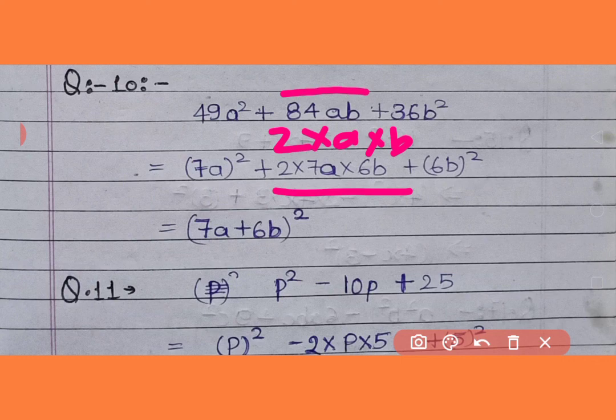And we have to always remember the first criteria, that minimum two terms should be a perfect square and the third term should be in the form of 2ab. So we can change it into 7a plus 6b whole square.